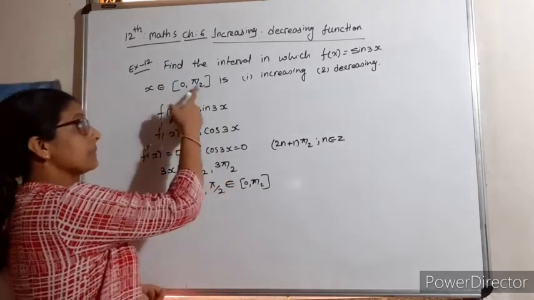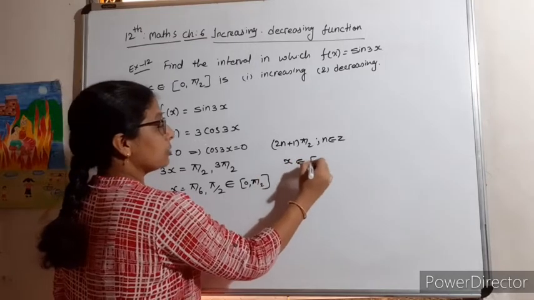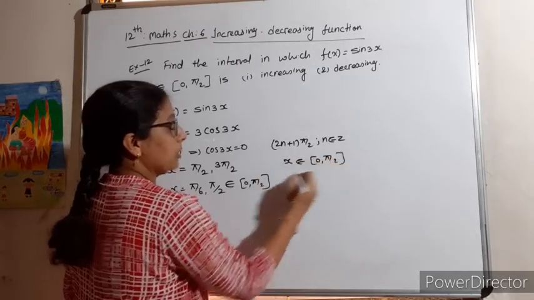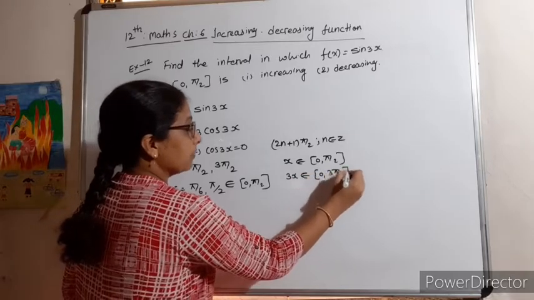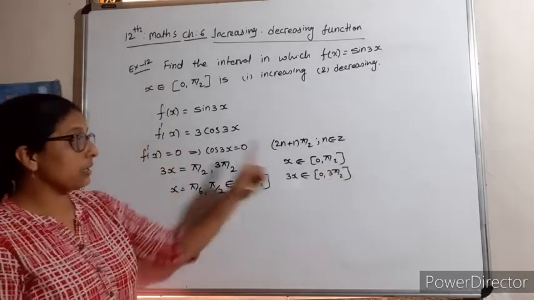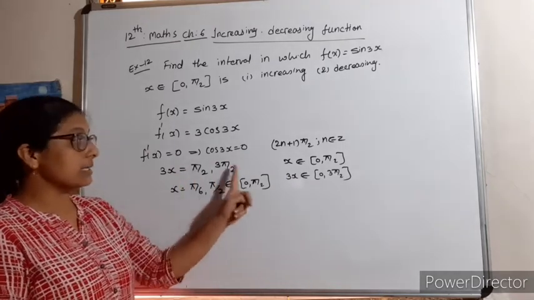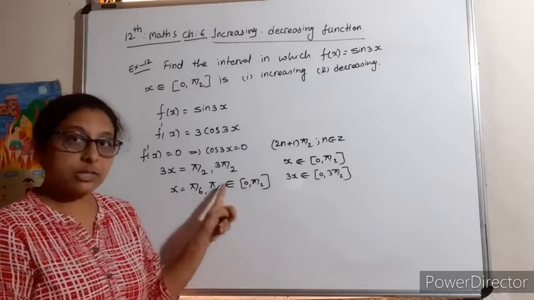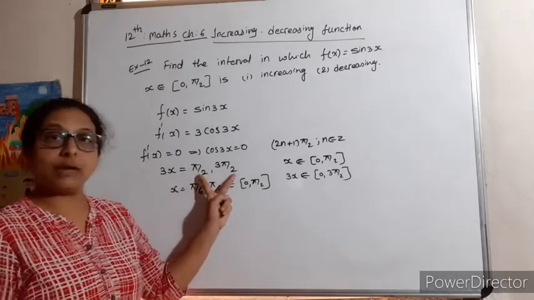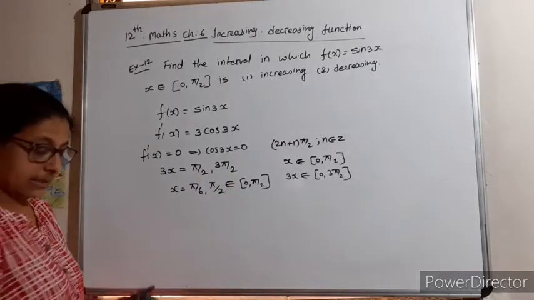So here x belongs to 0 to pi by 2, so we'll write 3x belongs to 0 to 3 pi by 2. So हमने 3 pi by 2 तक क्या आंसर दिया है x में? Then 3x is equal to this, and x is pi by 6 and pi by 2, which belong to 0 to pi by 2. So आपको यही दो वैल्यू लेनी होगी, right? That is the values of x.